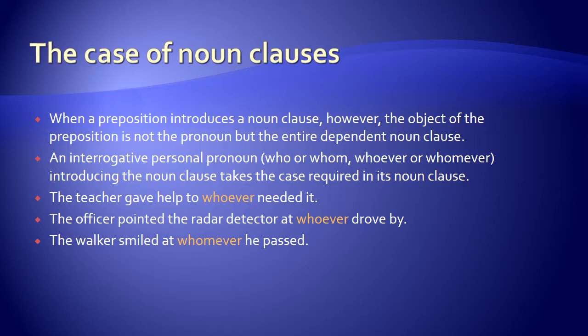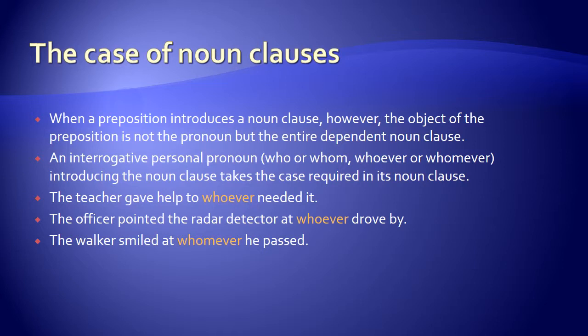Here are some examples. The teacher gave help to whoever needed it. Well, not whomever needed it, because the preposition introduces not just a pronoun, but the entire noun clause. And the noun clause starts with whoever needed it.